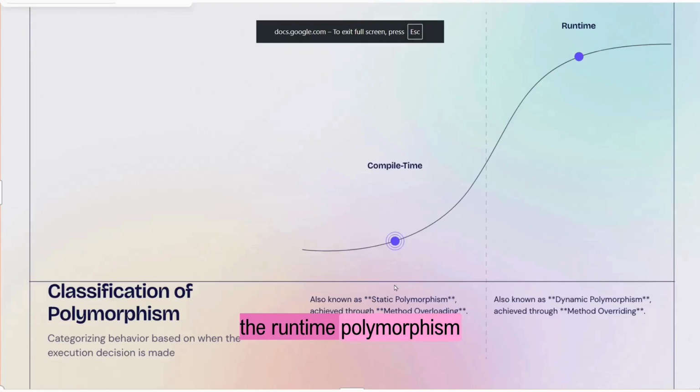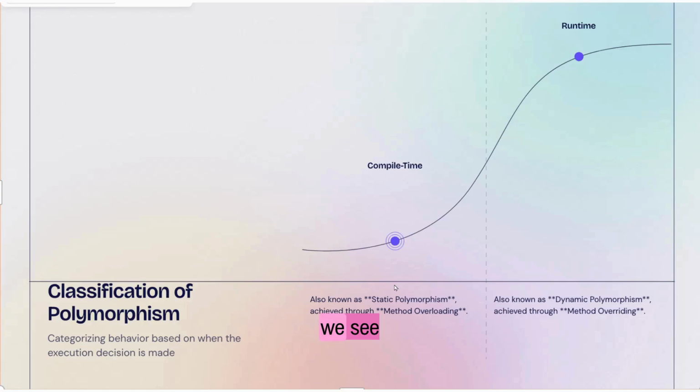Runtime polymorphism is seen in the example of inheritance, where one method is overriding another method. Or in the example of abstraction, where one method is overriding another method. That is known as runtime polymorphism. I hope this point is clear.